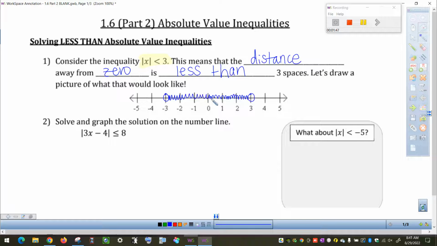So look at this, everything from negative 3 all the way up to 0 on the other end, those values are also less than 3 spaces away from 0. And so this number line graph actually shows all of the solutions to this first inequality statement, meaning any number that's in this shaded region on either side, when you take the absolute value of that number, that result will be something that's less than 3.